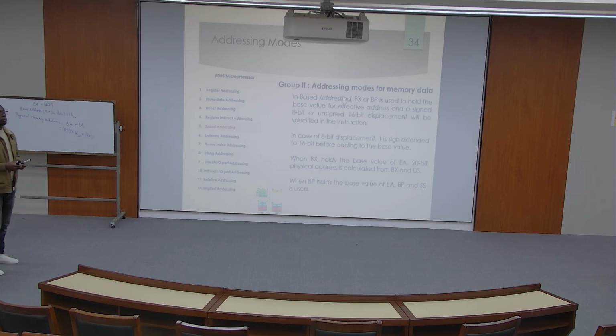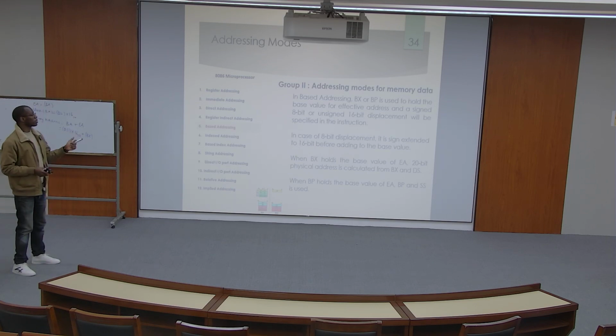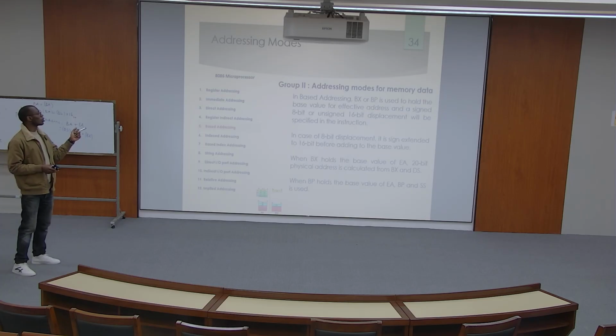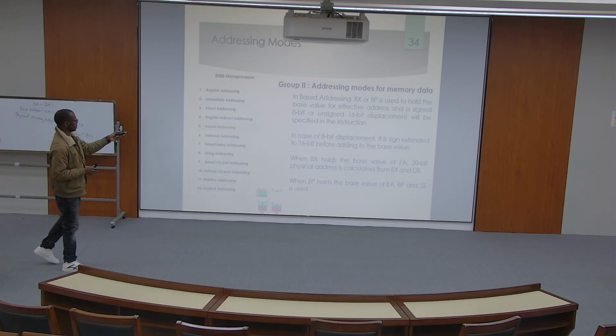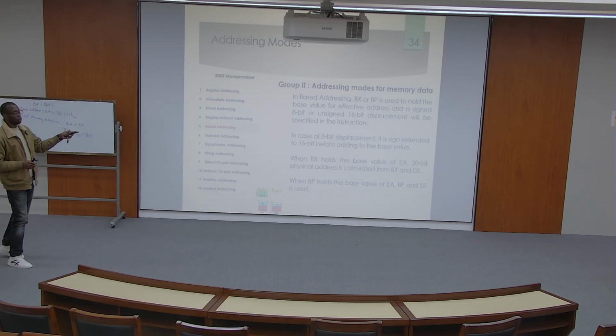In this addressing mode, we have the base register and the base pointer, which are going to be used to hold the value of the effective address. And a signed 8-bit or unsigned 16-bit displacement needs to be specified by the instruction. In the case of 8-bit displacement, it is sign extended to 16 bits before adding the base value.